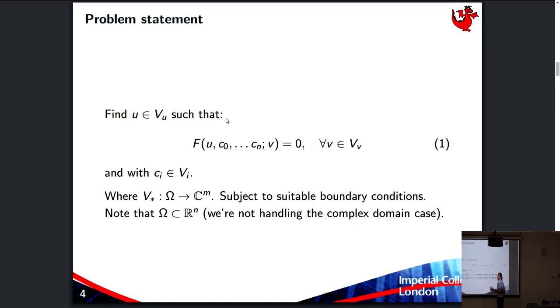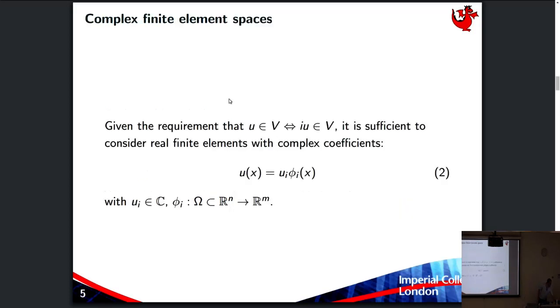The only thing that's changing is hitherto these guys are all real, now they're complex. The domain is still real, so it doesn't necessarily have to be, but I haven't thought through all of the nasty implications. And in fact, the coordinate field ends up in the complexes, so it's entirely possible that you can feed complex values in and something sensible will come out, but we haven't tested it, and I'm not making you any promises.